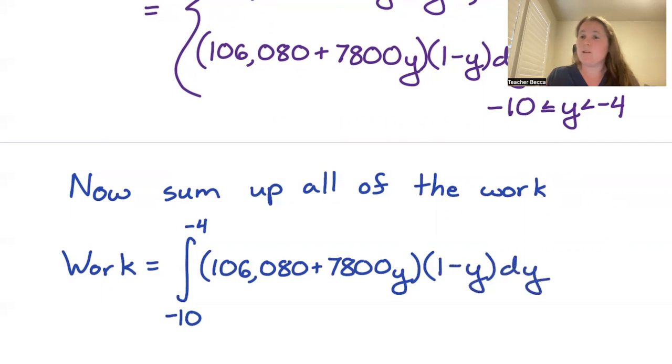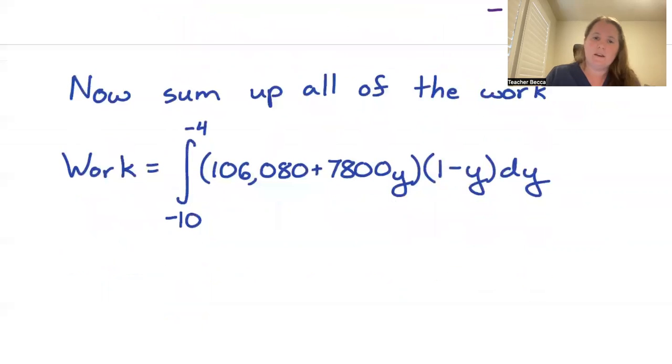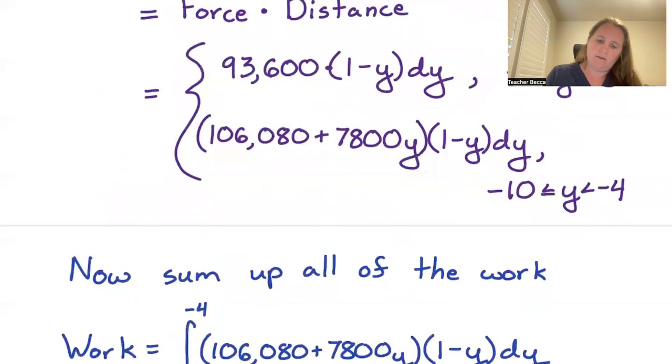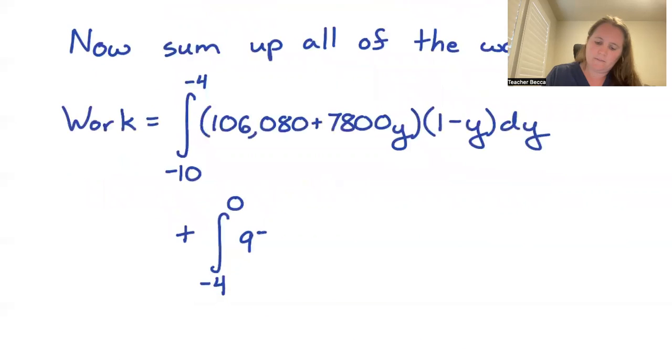That takes care of all of the layers between depth of 10 and 4. And then to that, we need to add the integral from -4 to 0 of 93,600 times 1 minus y dy.